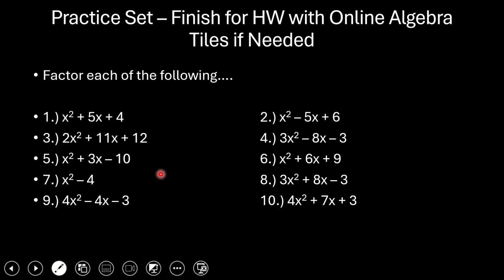This one does not have any rectangles at all. So you're going to have to start importing some zero pairs right from the get-go. And you might recognize that as something you might already know how to factor. And then these ones, 9 and 10, both have 4x squared, but they are going to look different in your tile arrangement. So a little bit of a heads up on that.